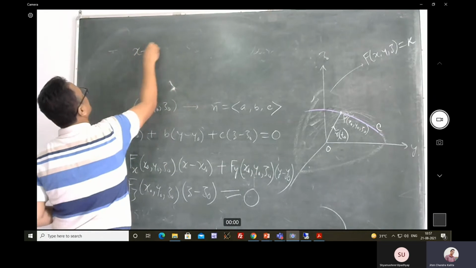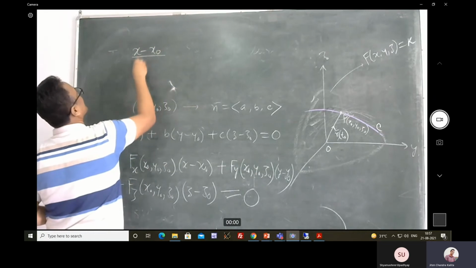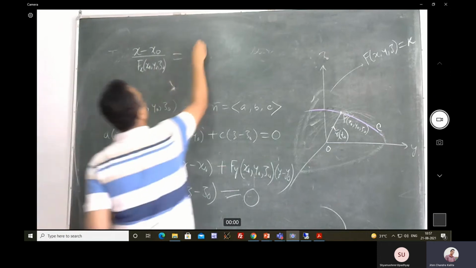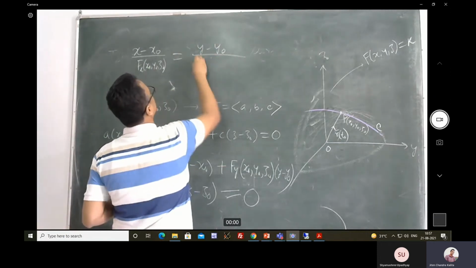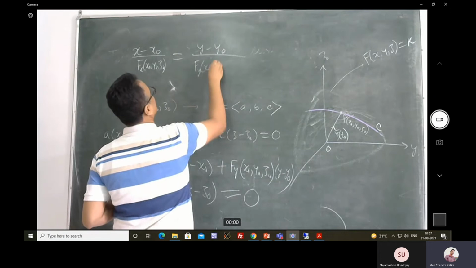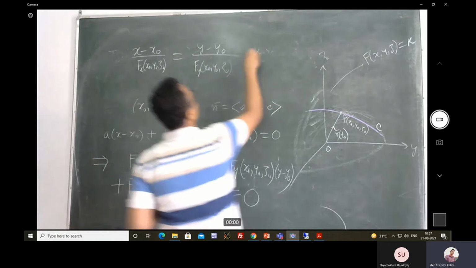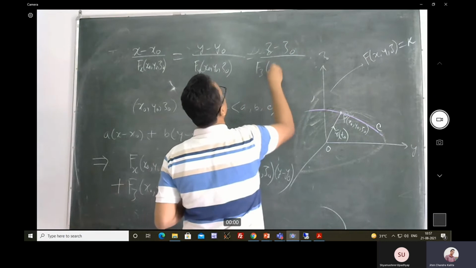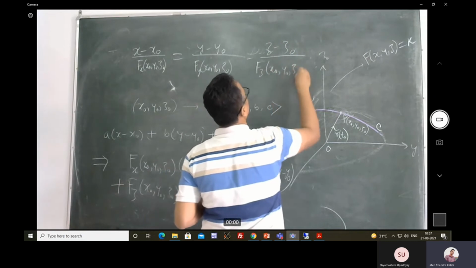And then if I want to find the symmetric equation of the normal line, that is simply x minus x naught by fx, because these are nothing but the direction ratios, y minus y naught by fy at x naught, y naught, z naught, and z minus z naught by fz at x naught, y naught, z naught.